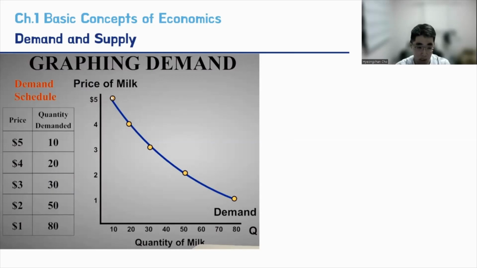Like this, we can plot all the combinations, and finally we can draw this downward-sloping curve. We call this kind of curve a demand curve.